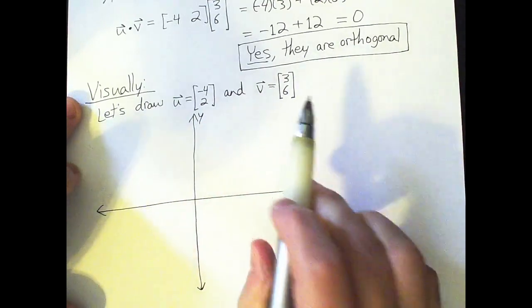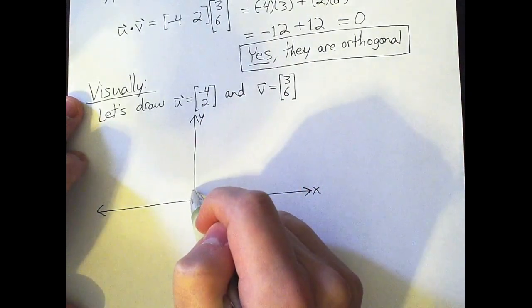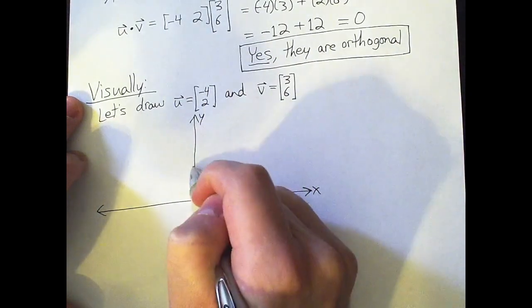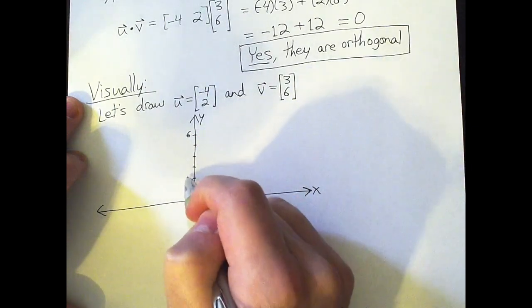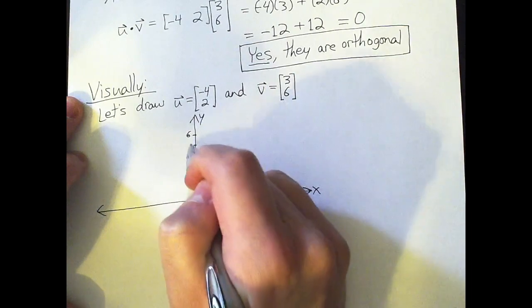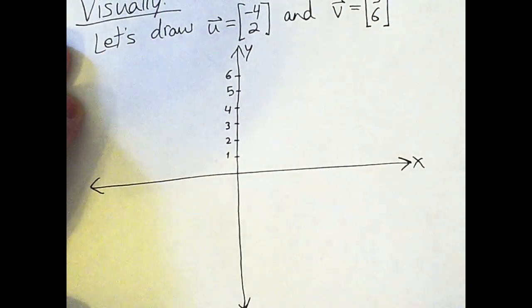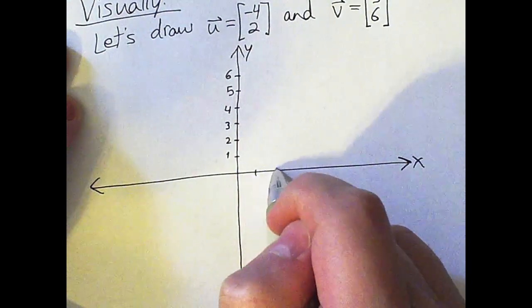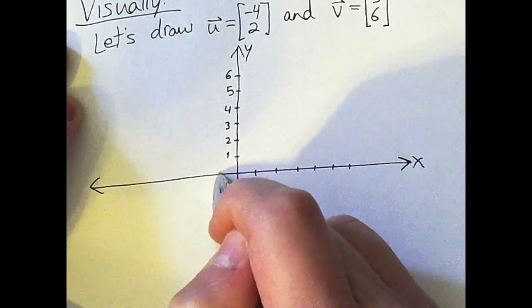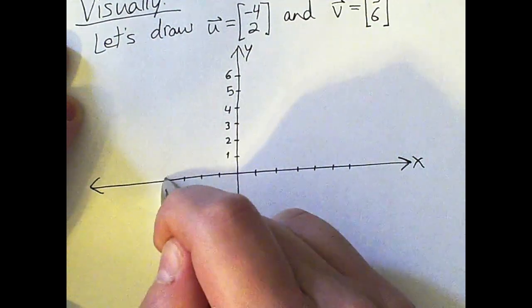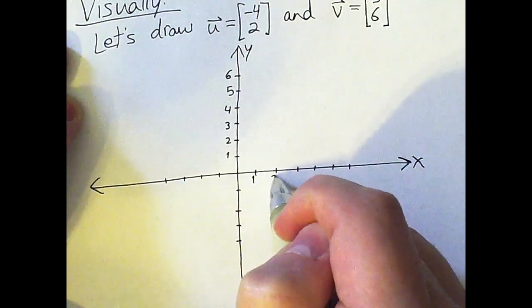All right, so v goes to 3, 6, so let's make sure that we set this up with a big enough scale. So there's 6. Okay, that should be enough.